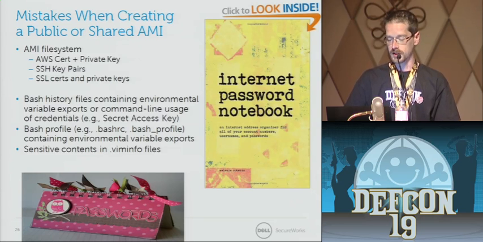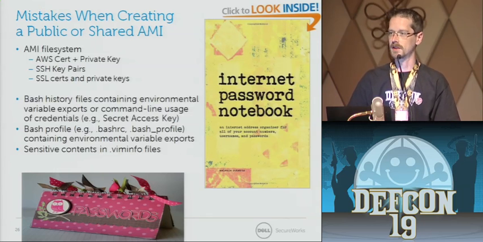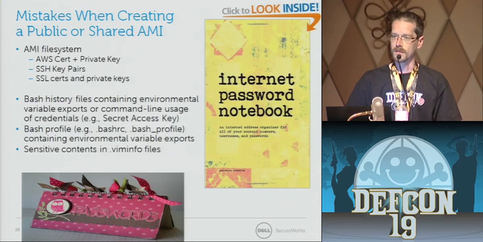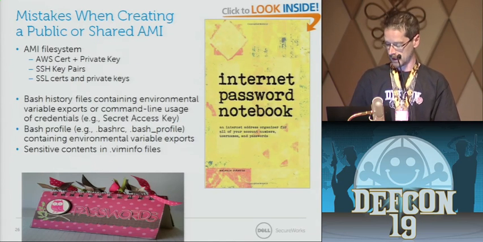Files like bashrc and bash profile often contain environment variables that are set to these values for scripts to access, so we looked for these as well. And then also Vim info files. Occasionally someone might be trying to clean up and go in and edit a file to delete it, but they search for that string, and their Vim info stores that search. So it could be there as well.